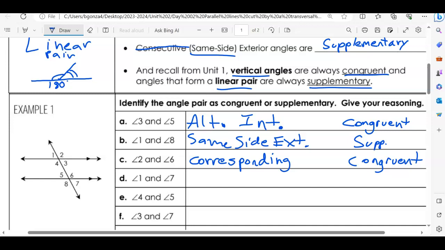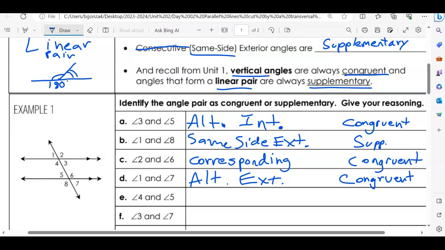Out. So we call that exterior angles, right? Look over here. So 1 and 7 are alternate exterior. Alternate exterior are congruent. If you look at the top of this page, we wrote it down.